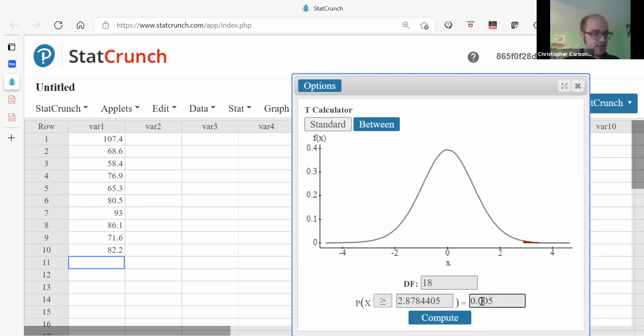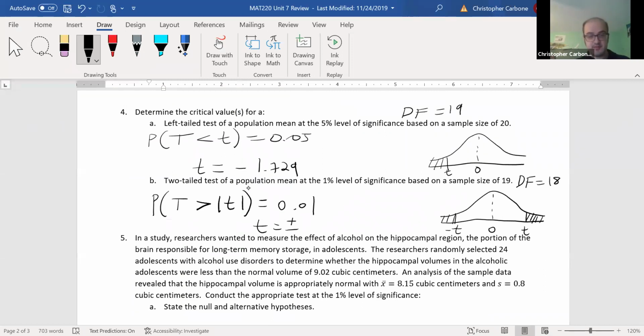And that gives us a value of 2.878 when rounded. So that means it's positive 2.878 on the right-hand side and negative 2.878 on the left-hand side.